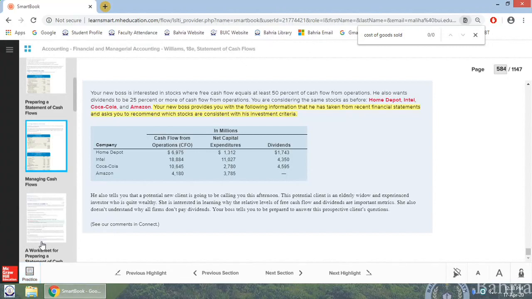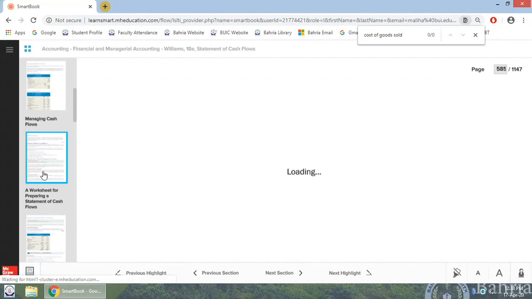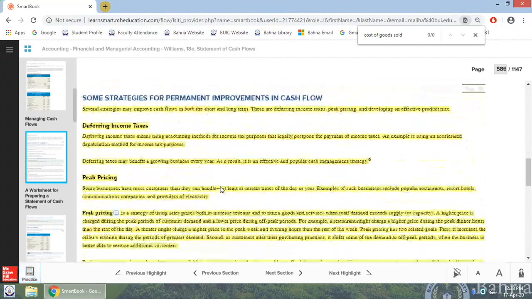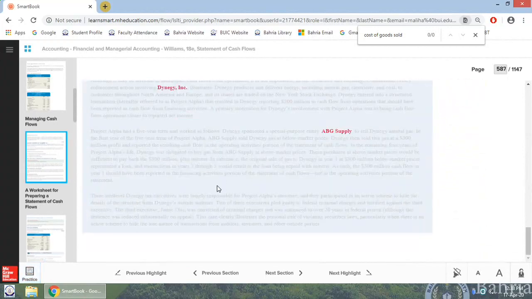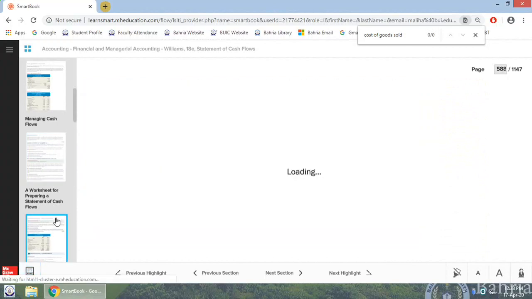I hope that opens. Okay, I think it's in the next part.